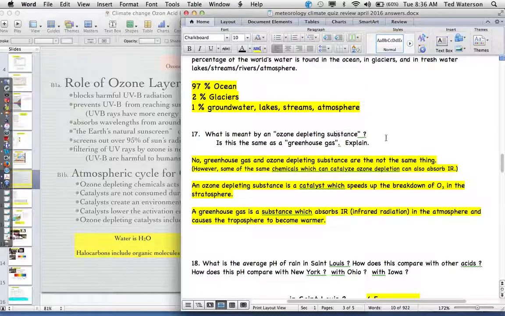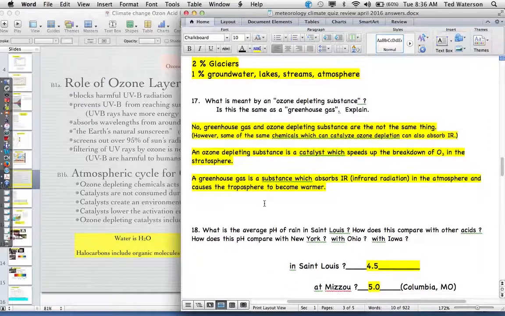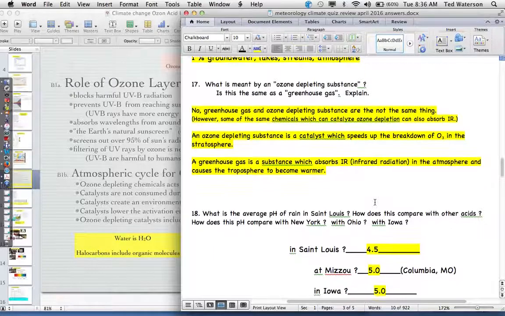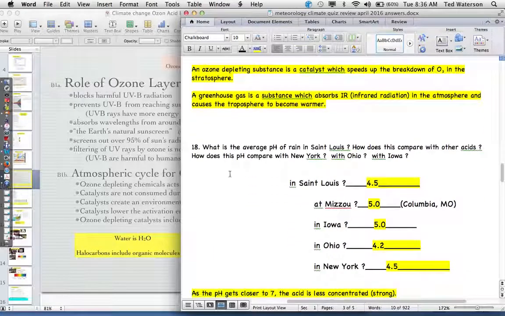Ozone depleting substance, remember that's a catalyst. It just speeds up a natural process. As the ozone depletion speeds up, more radiation gets in, more infrared can then be re-emitted, which means that there's more carbon dioxide, more infrared. That does tend to cause our climate to change.